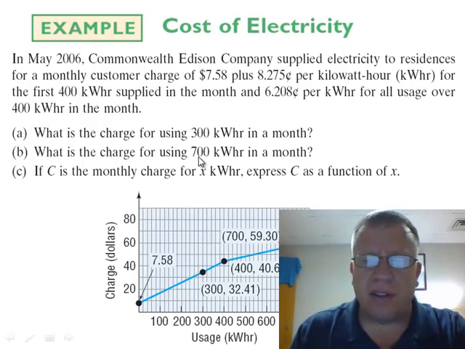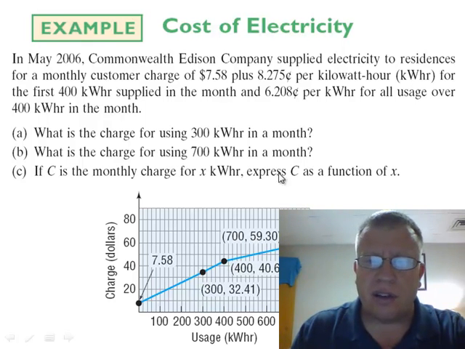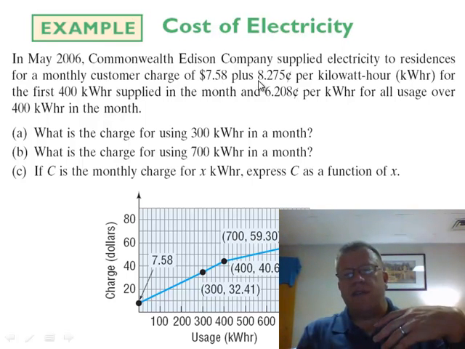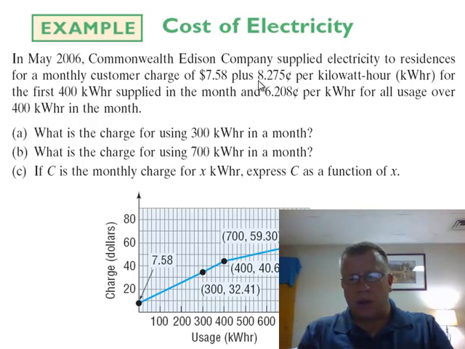Now, what about 700 kilowatt hours? How much would you get charged? Well, first of all, you'd have to figure out what the charge is for 400 kilowatt hours, because that's going to be $7.58 plus 8.275 times 400, and that works out to be $40.68.